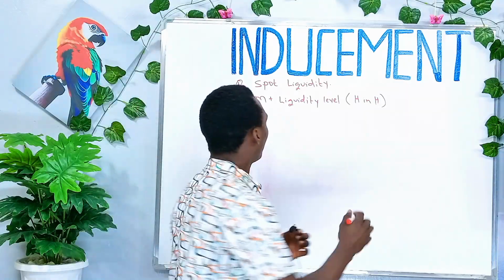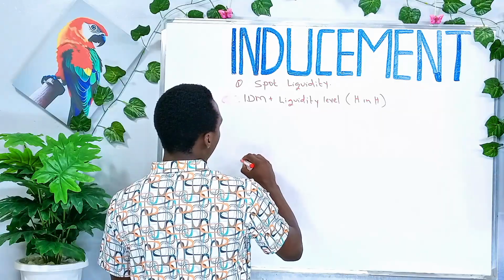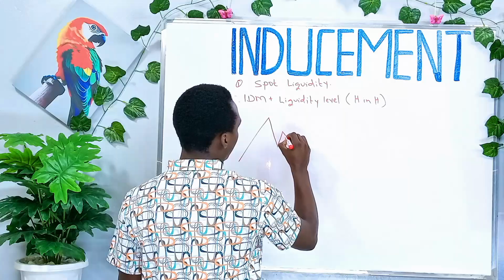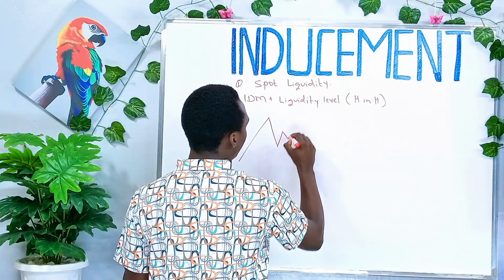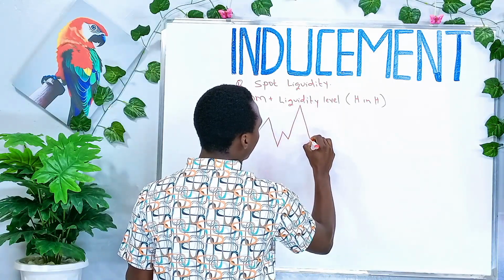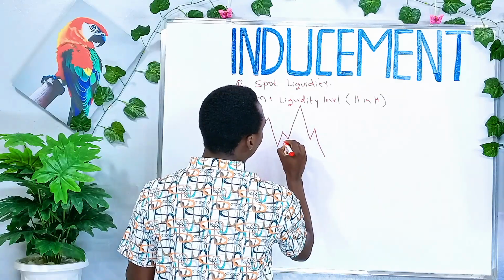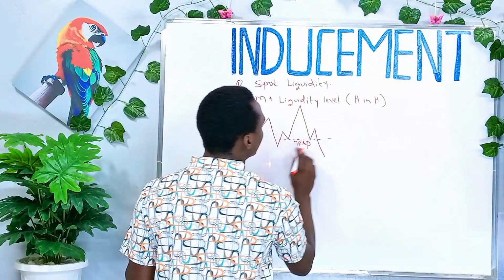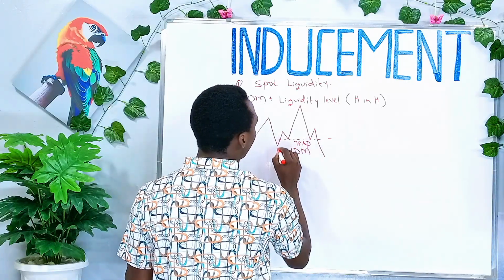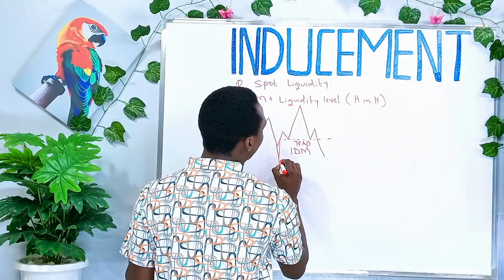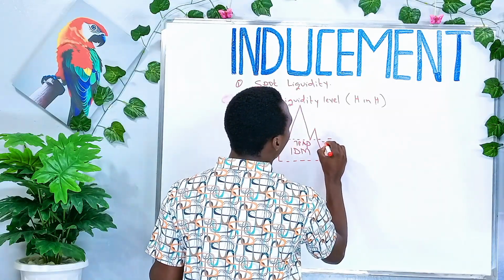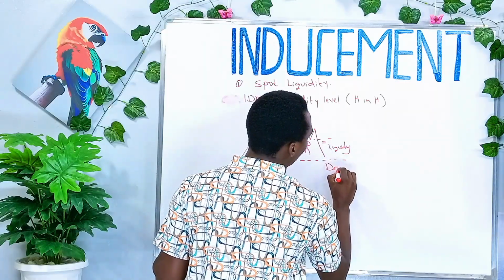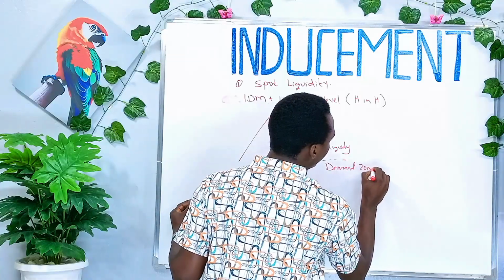Okay, so we had already looked at this example. Let's say the price was coming from that angle, comes here, forms kind of a shoulder, forms that head, comes back, forms that shoulder, comes back. So remember this, we said this was our trap, or this is what we call the inducement level. Okay, so we said that the price will come here, takes out this liquidity here. Okay, we come to our demand zone there.